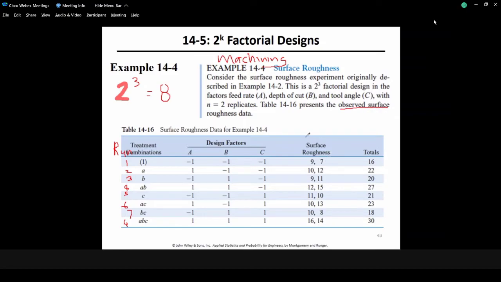Run 2 replicates. Here they mention the 3 replicates in total. What should you do? Construct the ANOVA table.